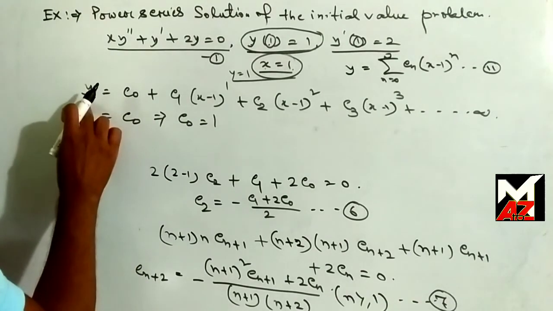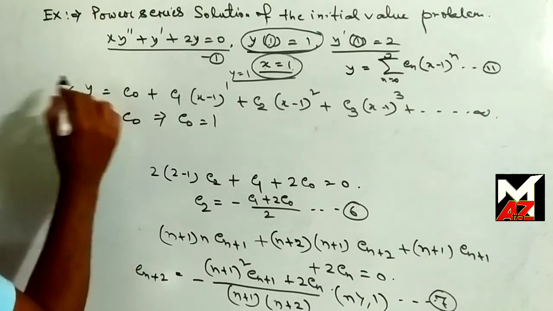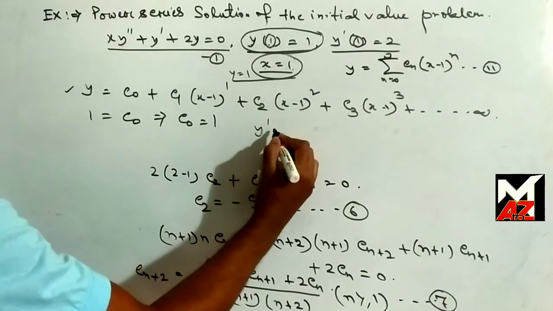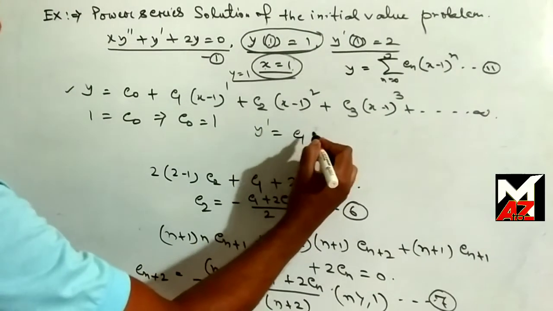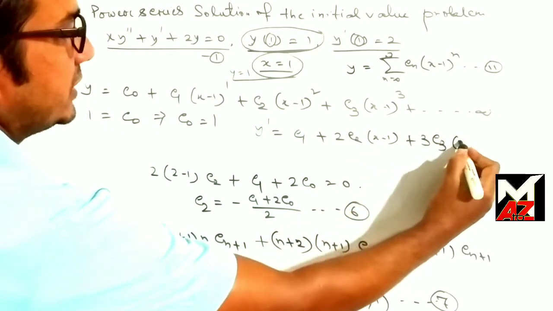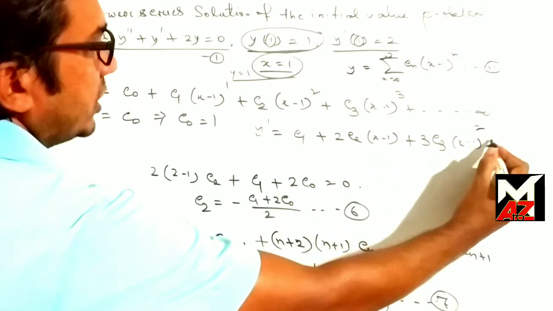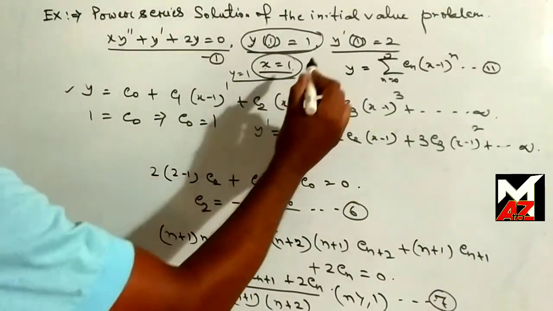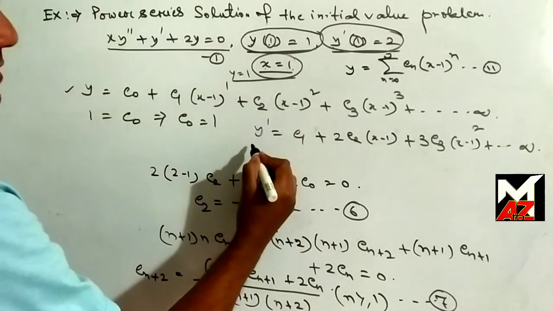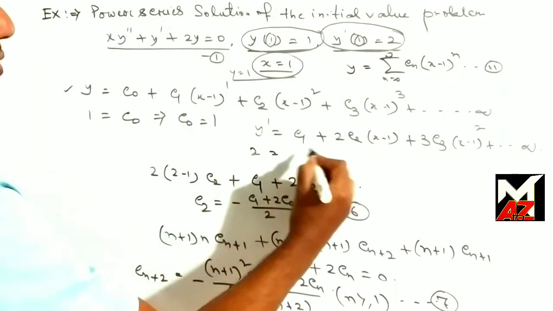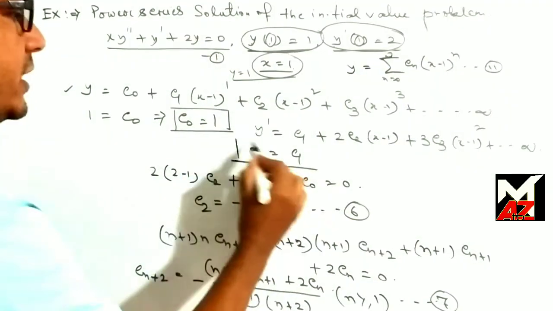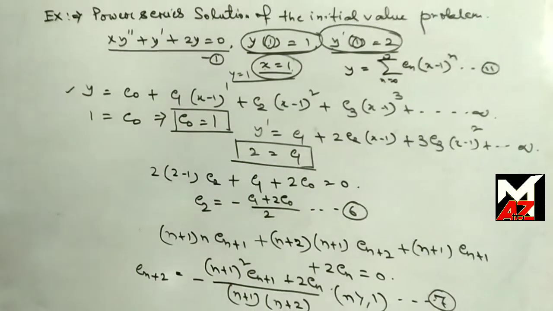And from 3, differentiating them, we get y dash equal to C1 plus 2 C2 x minus 1 plus 3 C3 x minus 1 whole square plus 2 infinity. Here we put x equal to 1 and y dash equal to 2, that is 2 equal to C1. So we get C0 equal to 1 and C1 equal to 2.